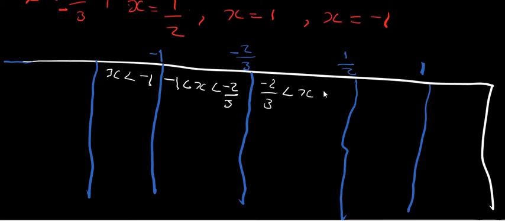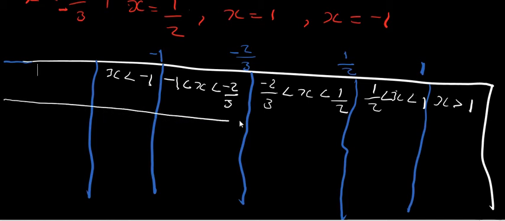Let me put x there. Then the next one, x should be in between those two guys, which is x there, 1. And then the last one will be x should be greater than 1. Okay, so those are the expressions that I'm going to make.